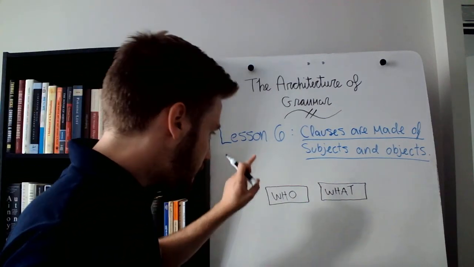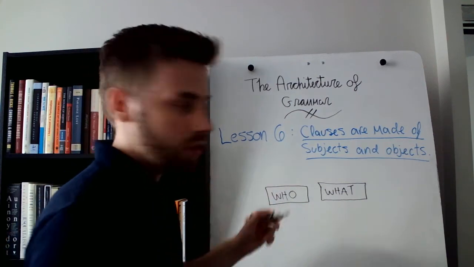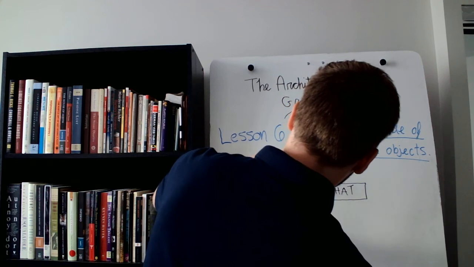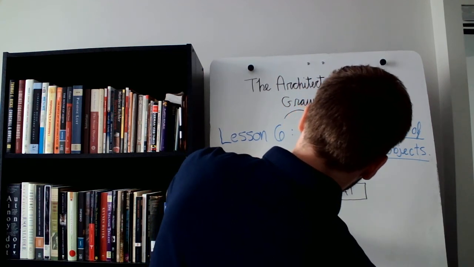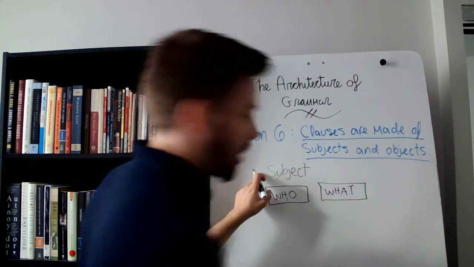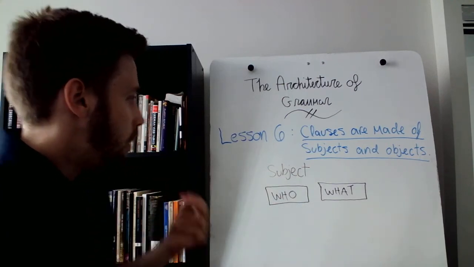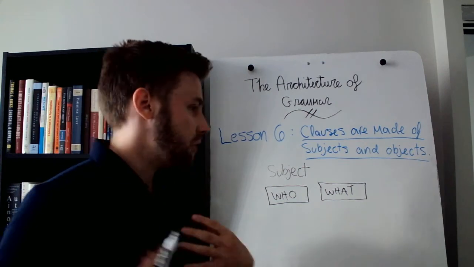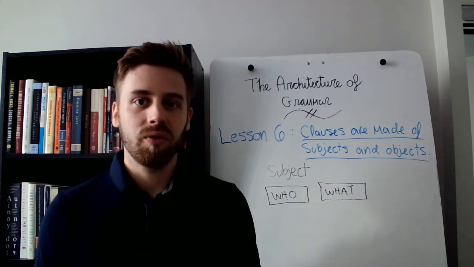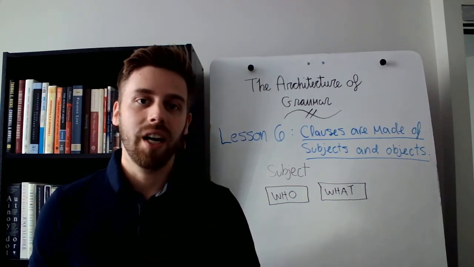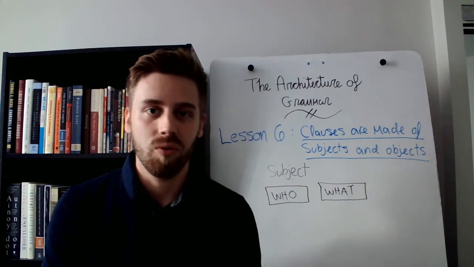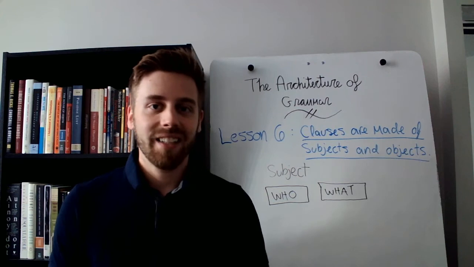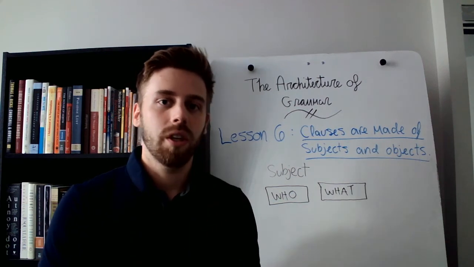And so the who is your subject. That is the word role. So I'm going to write subject. Typically subjects are nouns. For example, and there are different types of nouns, which you can all find in the tables in the book, The Architecture of Grammar, Léandre, which is my name, is a noun.